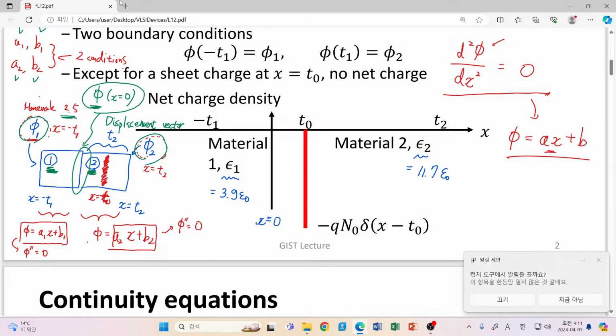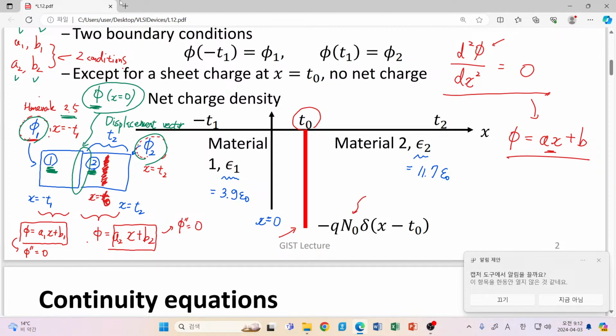At this t sub naught position you have a certain very shallow sheet charge. So please understand what it is.